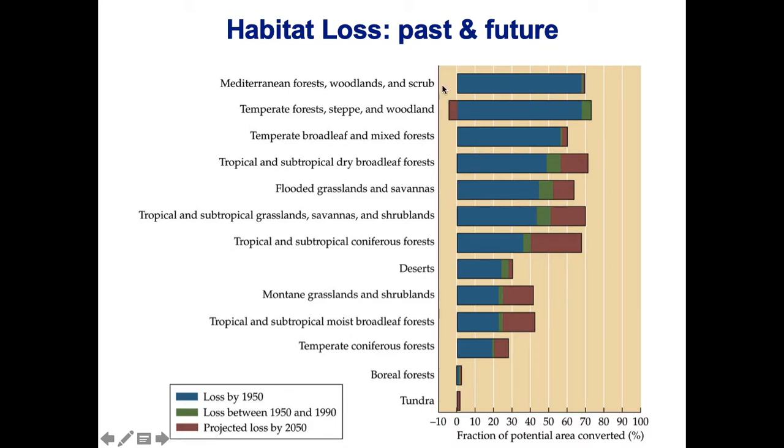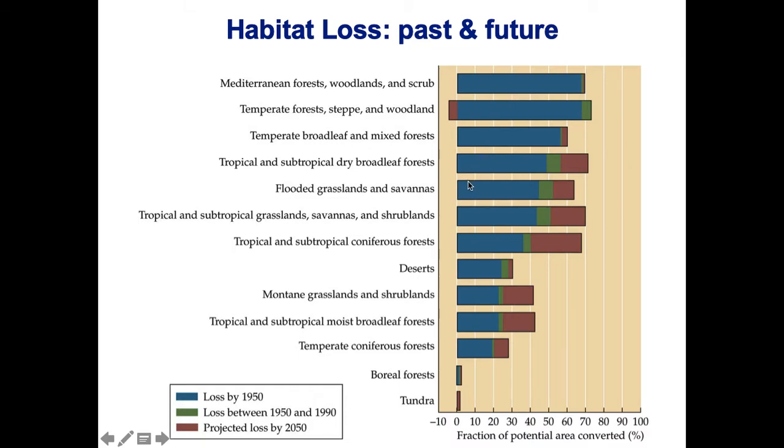And so we can see up here the things that we lost a lot of a long time ago include Mediterranean forest, woodland, and scrub, temperate forests, steppe and woodland, temperate broadleaf and mixed forests, and tropical and subtropical dry broadleaf forests. We've lost a lot of those.